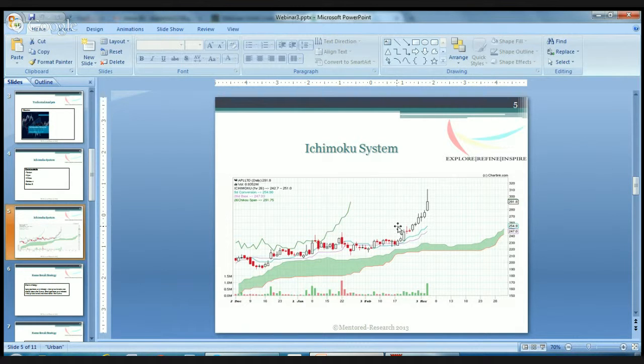So the reason this is done is the inventor of the system, Goichi, found out that the candles from 26 days back present resistance. Okay, so these guys present future resistance to the stock.